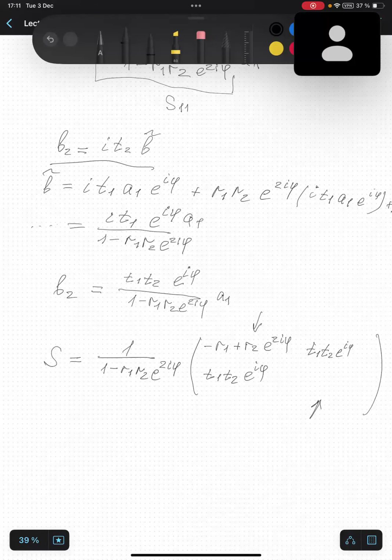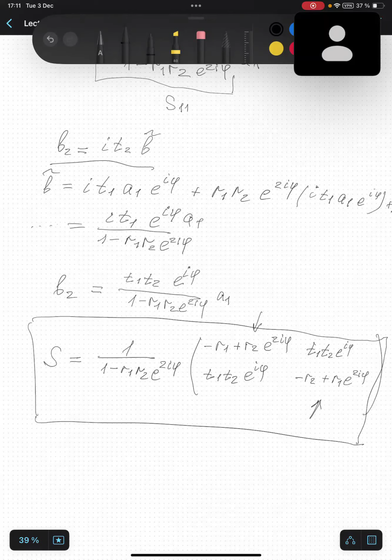The only difference is that the indices of the reflection coefficients will be changed. You can check it if you want. So this is our S matrix for the Fabry-Perot resonator.